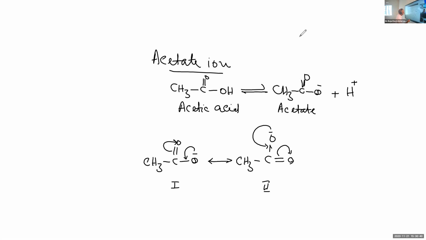It can be shown this way: CH3, C, single bond oxygen, here a single bond oxygen, and the pi electrons wandering like this. That is the actual structure of the acetate ion, and that is more stable.